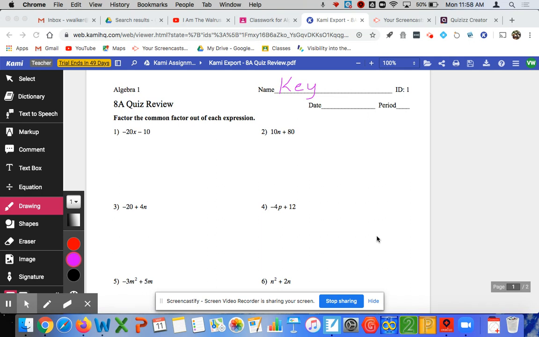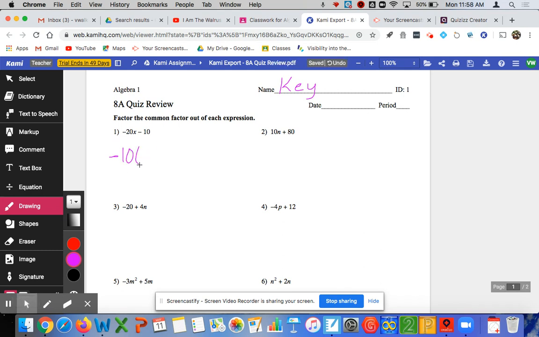So let's take a look at number 1 together here. We've got negative 20x minus 10. Now, right off the bat, I notice both of these are negative. I see a 10 and a 20. What's the largest number that can go into both 10 and 20? It's 10. In fact, I'm going to make it a negative 10 because both of my numbers are negative.